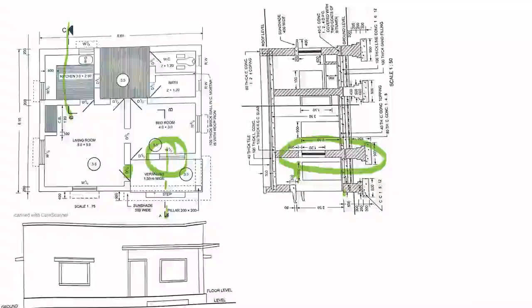Okay. So here you can see the window. So this is the window. After this, up to B, see, up to this part, here you can see this door. See, this door is marked here.